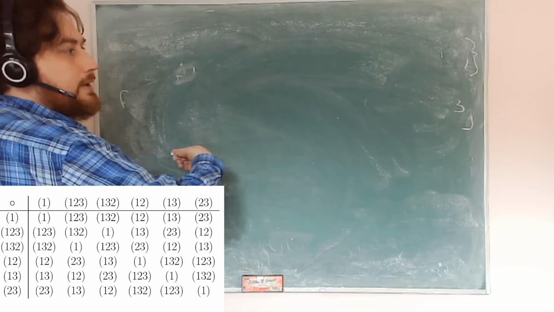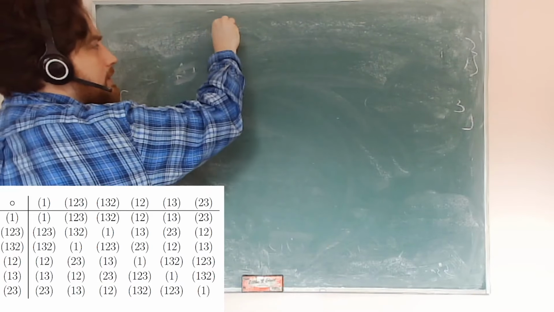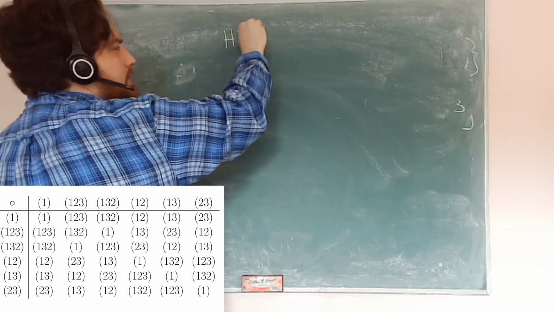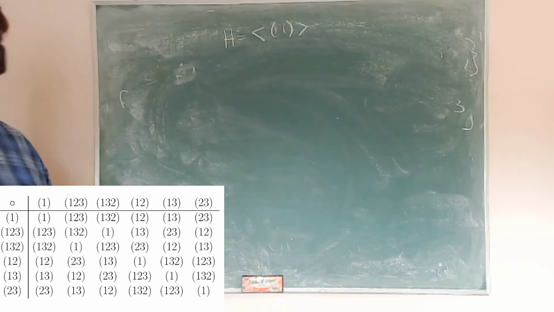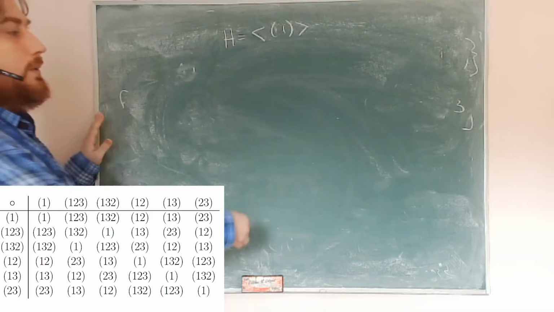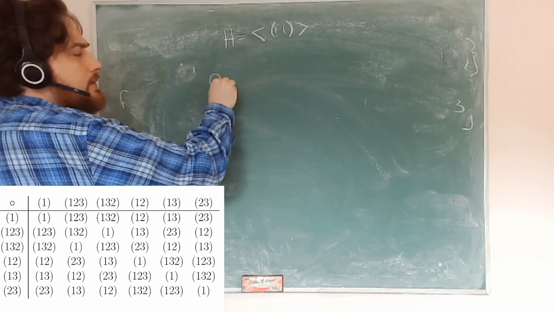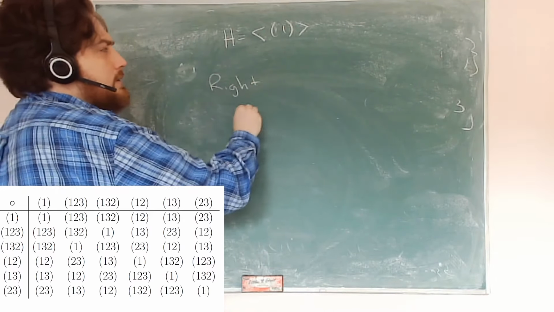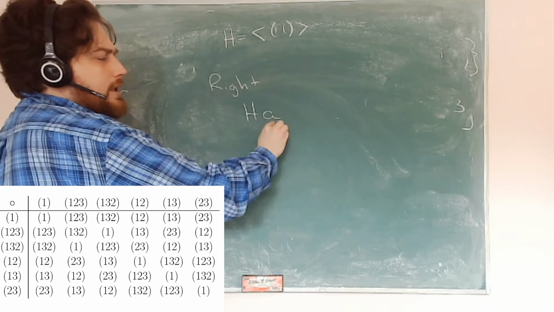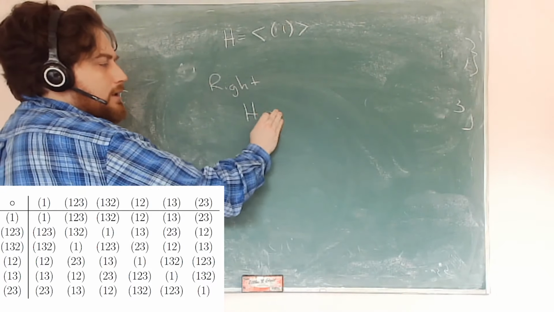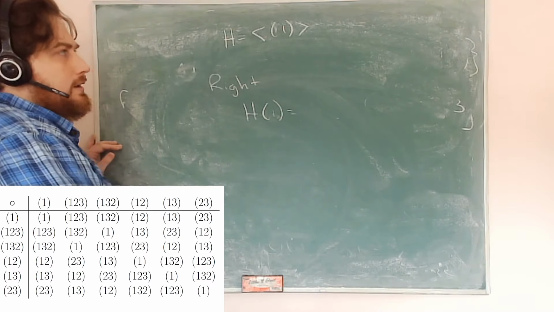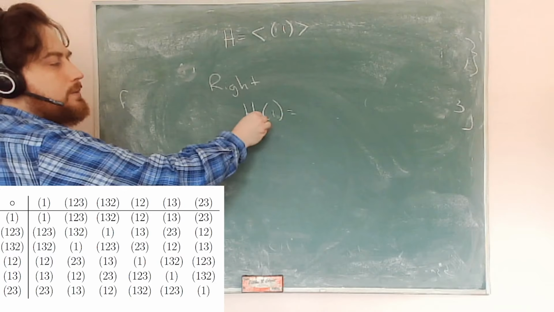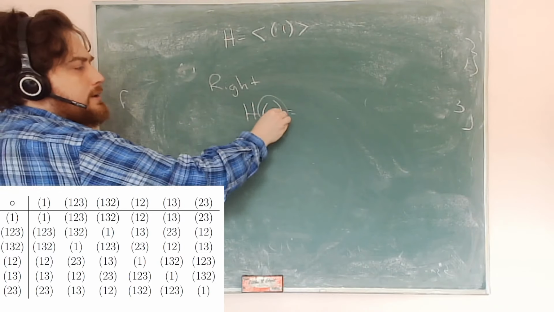All right, on the other extreme, let's suppose I'm going to say H is equal to the group generated by 1. Just so I don't have to keep writing that over and over again, I'm just going to call it H. So what I want to do is find the right cosets first. The right cosets are going to be all the things of the form Ha, such that a is in S3. So an example would be H times 1. Well, if I take H times 1, 1 is on the right.